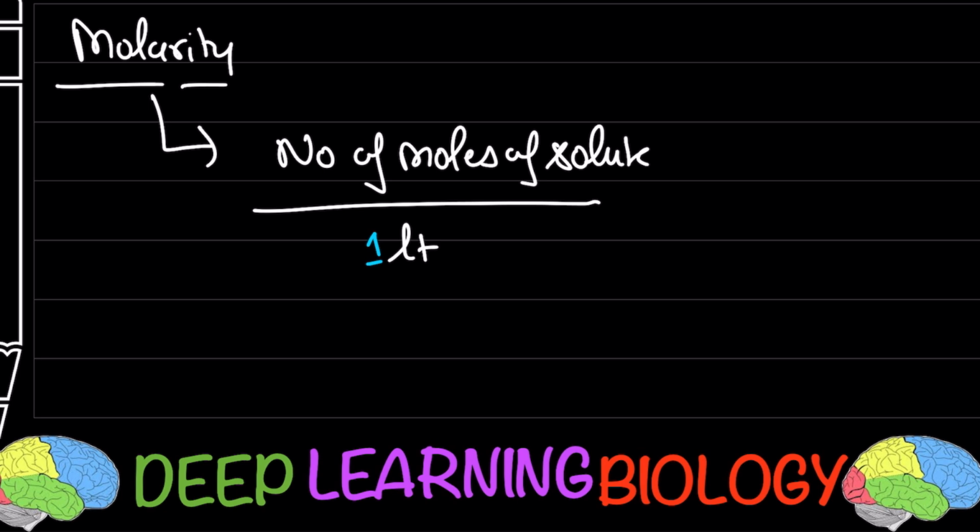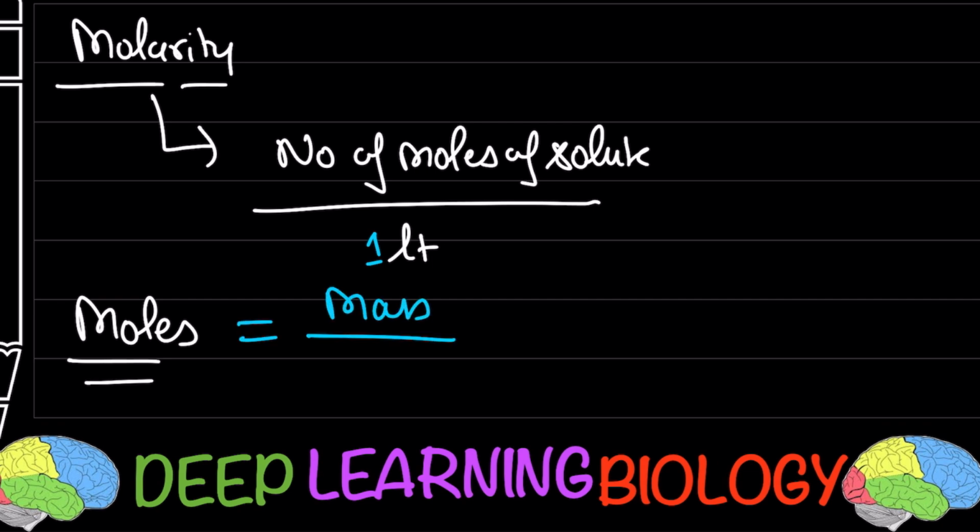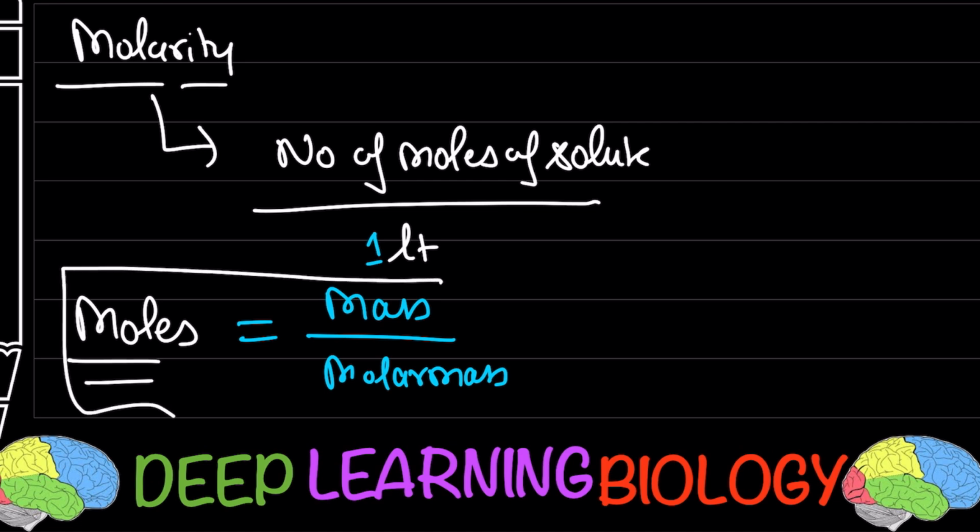Now try to see here, what is this term moles? Moles you can calculate as mass divided by molar mass. Mass divided by molar mass is going to tell you the number of moles.